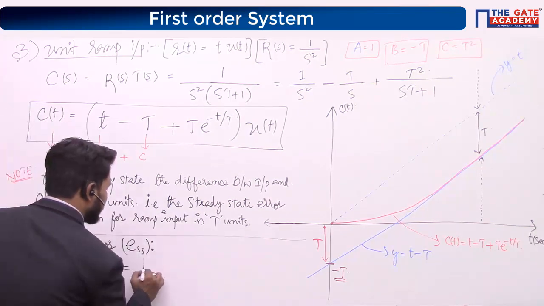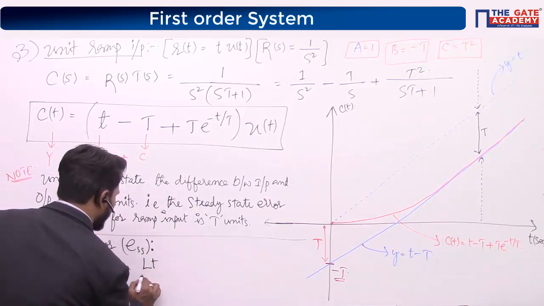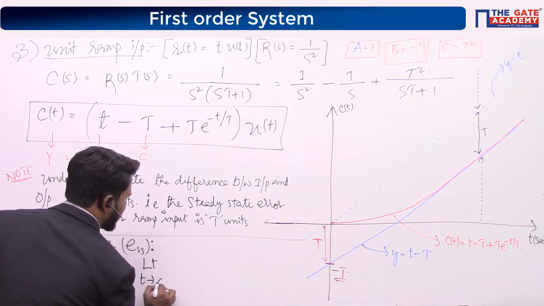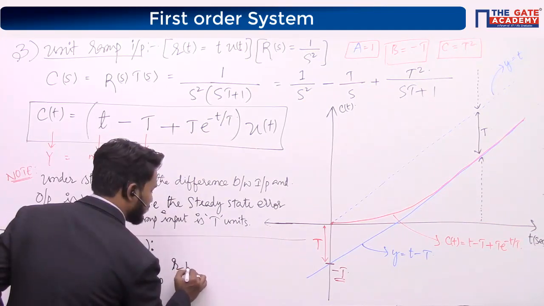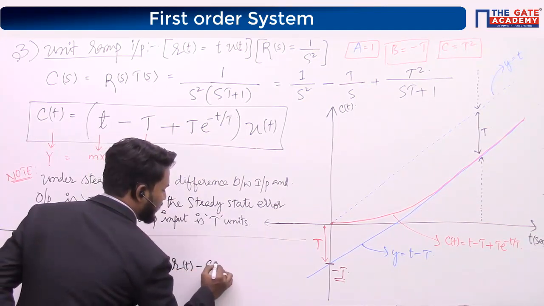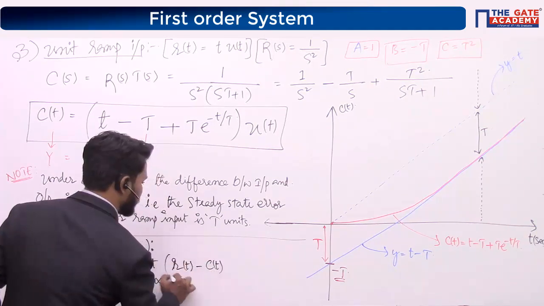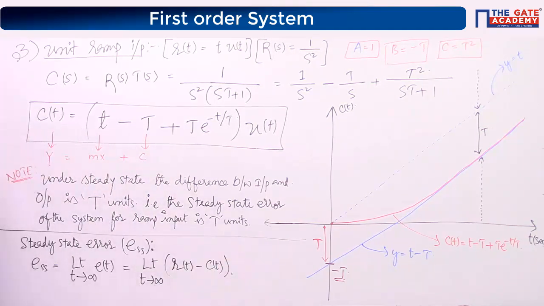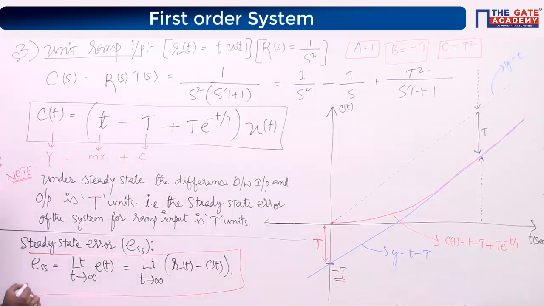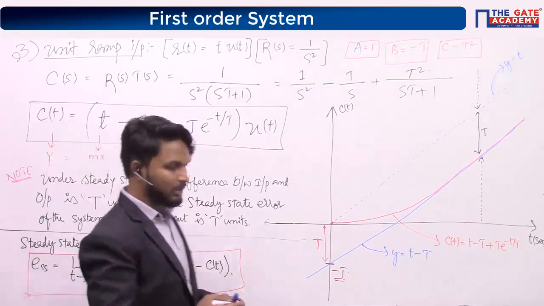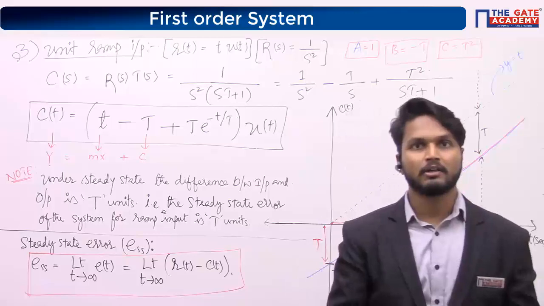E of t is nothing but the difference between input and output. Limit t tends to infinity R of t minus C of t, right? This is nothing but your steady state error. This is the definition for steady state error. Limit t tends to infinity R of t minus C of t. This is your steady state error.